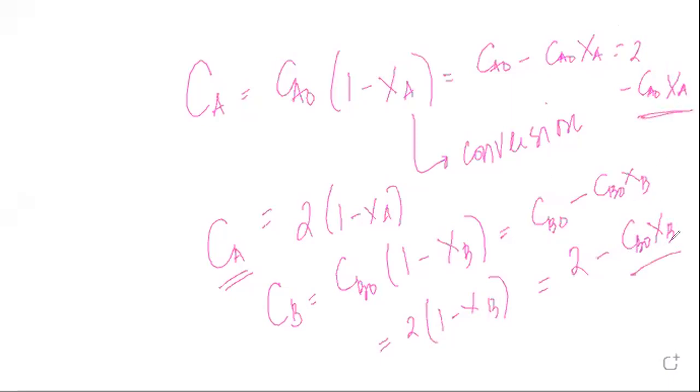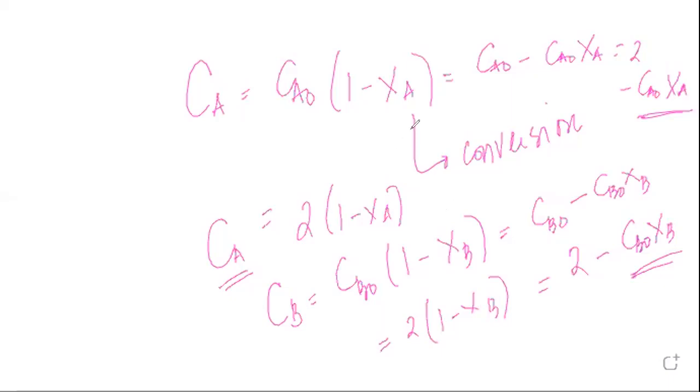Now, let me explain what CaO XA and CBO XB are. If XA is the conversion of A at any time t, CaO XA represents the amount that was converted. Correspondingly, if XB is the conversion of B at any time t, then CBO XB is the amount of B converted.